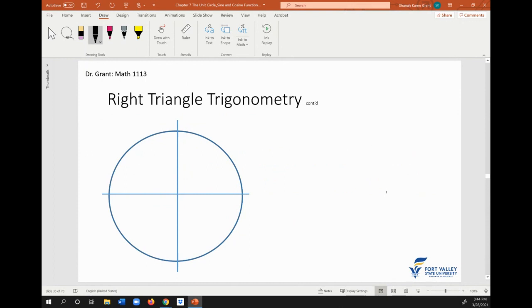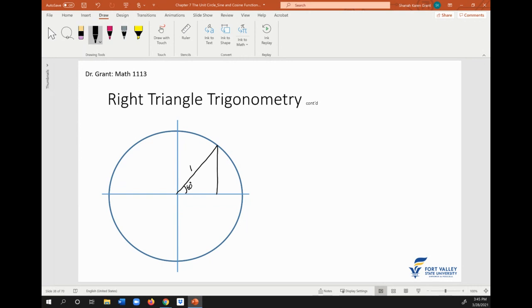Okay, so for instance, let's say I draw a triangle again, inscribed in the circle. And again, we're going to let the radius be 1. So this is going to be 1. This is going to be 60 degrees.